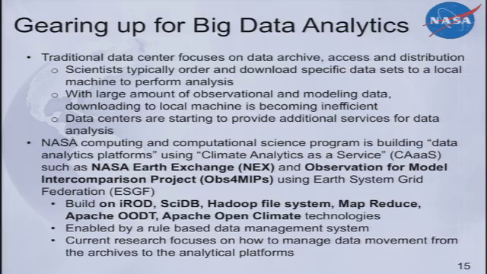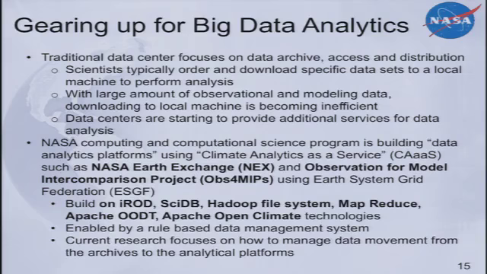We wanted to put it in the open and make it available to all the researchers, and hopefully we can speed up this development process. And a lot of the research, and especially currently, we focus on how to manage the data movement from the archives to the analytic platform.